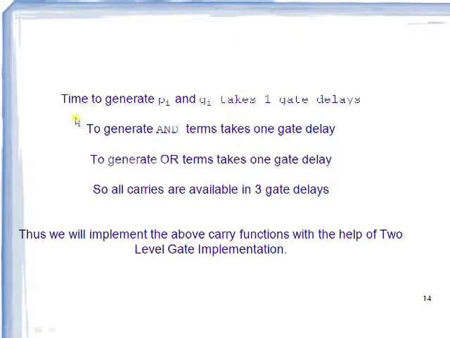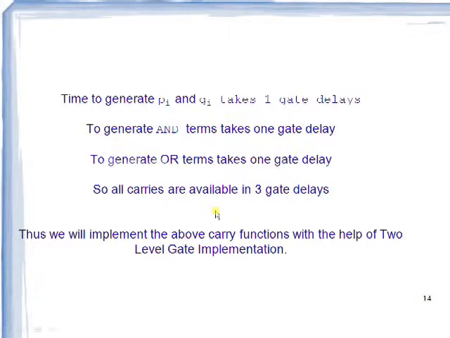The time to generate Pi and Gi takes only 1 gate delay, generating the AND term takes 1 gate delay, and generating the OR term takes 1 gate delay. So all carries are available in 3 gate delays.